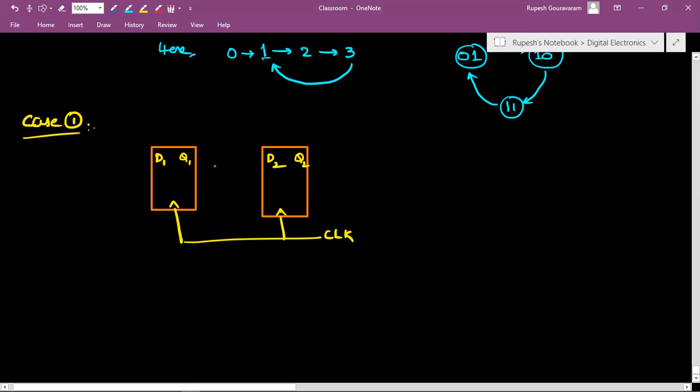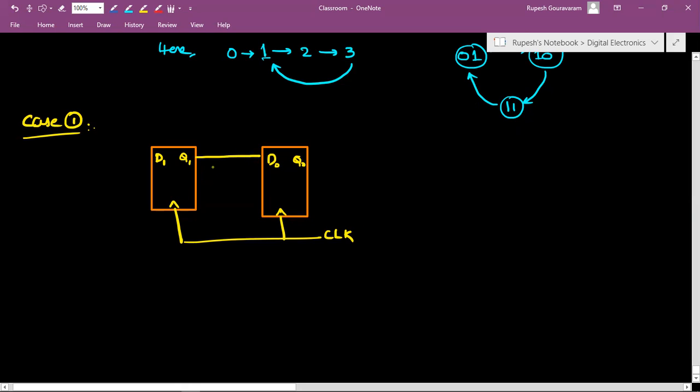Now we connect. Let us take it as D0 and Q0. So we connect Q1 to D0.